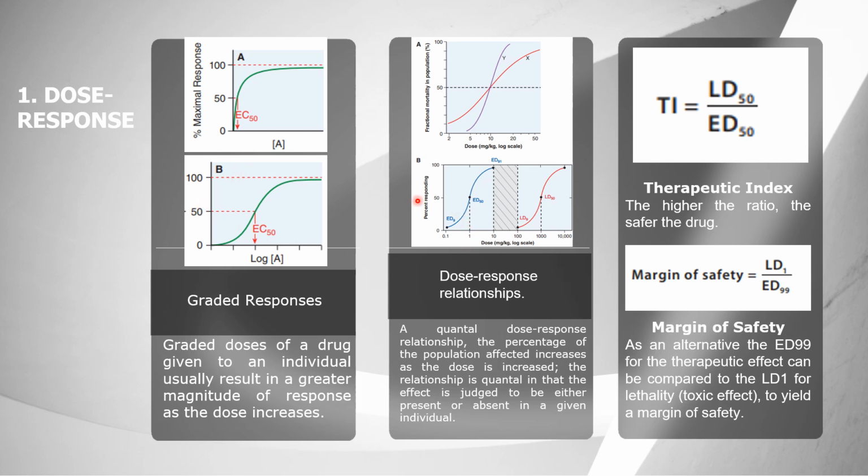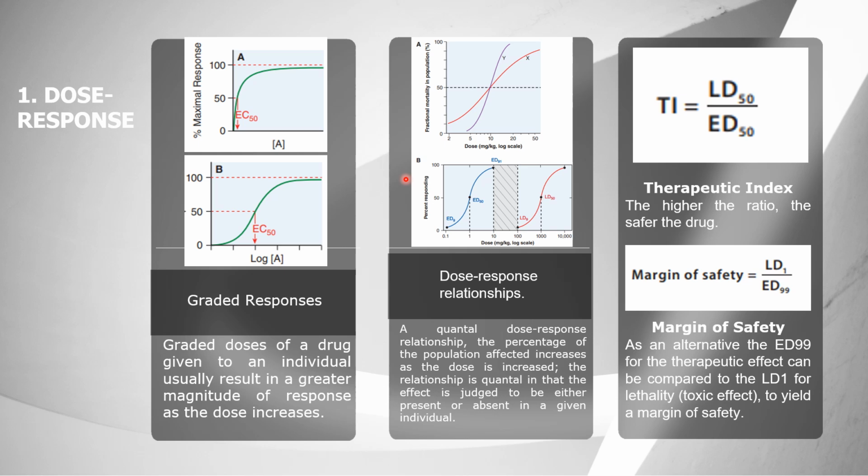In the quantal dose response relationship, the percentage of the population affected increases as the dose is increased. The relationship is quantal in that the effect is judged to be either present or absent in a given individual. This quantal dose response phenomenon is used to determine the LD50 of drugs.